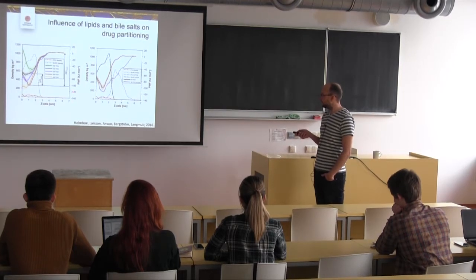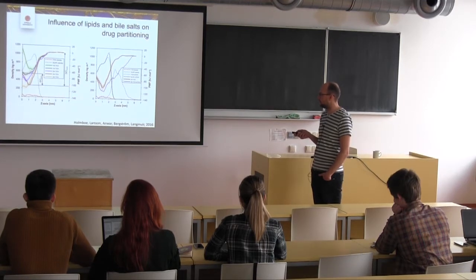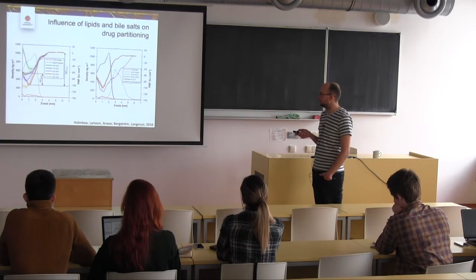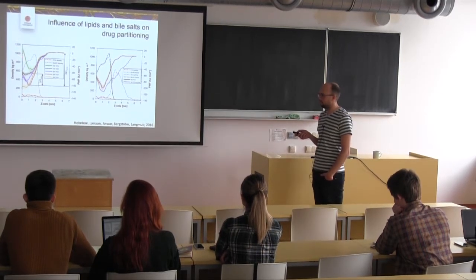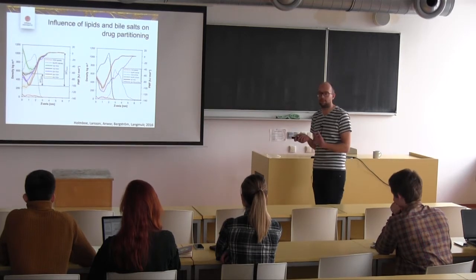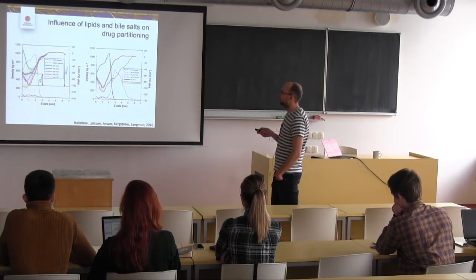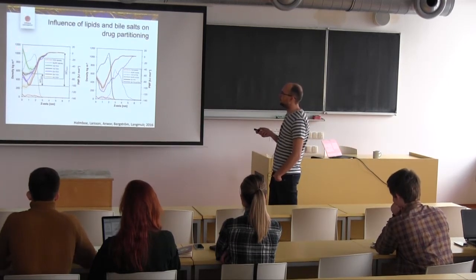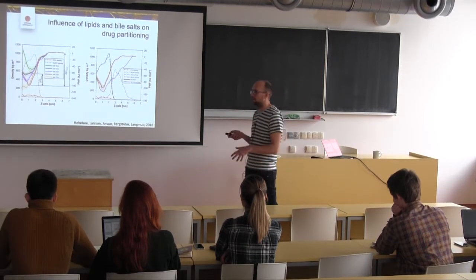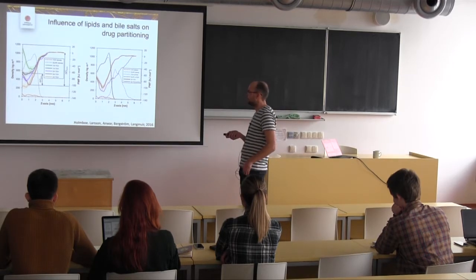Here on the y-axis we have the potential of mean force, the free energy, the stability of an individual taurocholate molecule. Initially we have this green line, which shows the free energy of inserting a single taurocholate molecule into a lipid bilayer. Here the free energy is even positive in the center of the bilayer, which shows there is some sort of barrier towards inserting an initial taurocholate molecule.